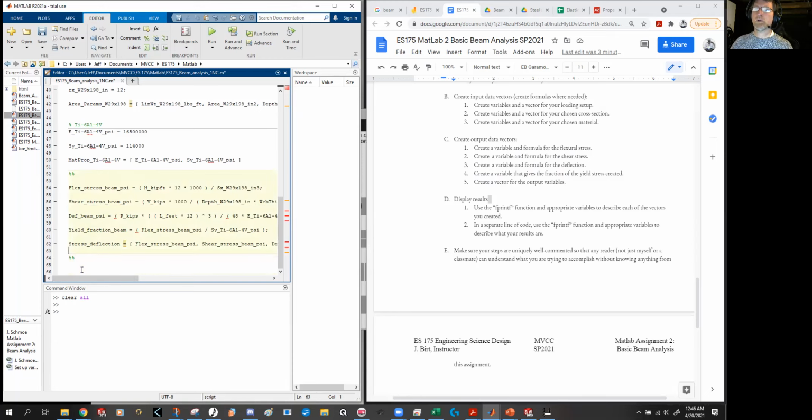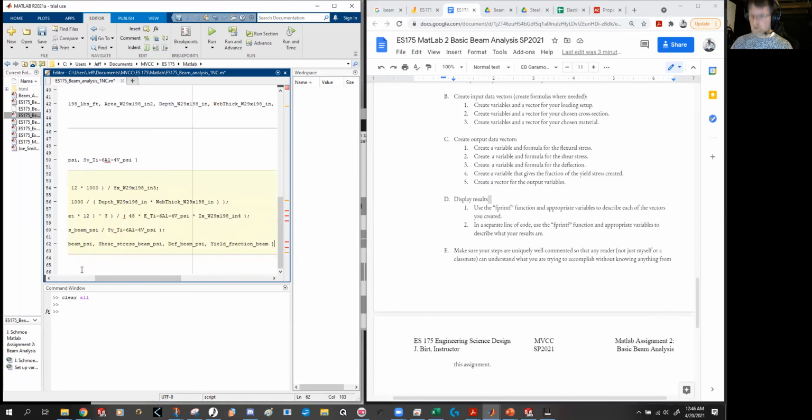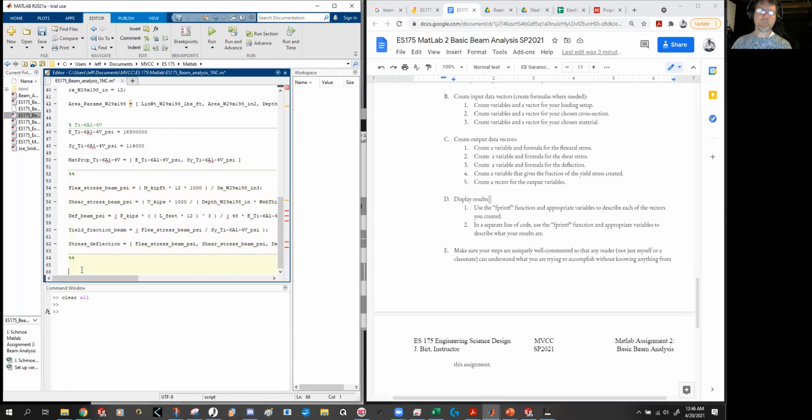Oops, must not have put the semicolon in there. Okay. So Fprintf, and I'm going to say the following vector shows the beam loading parameters.